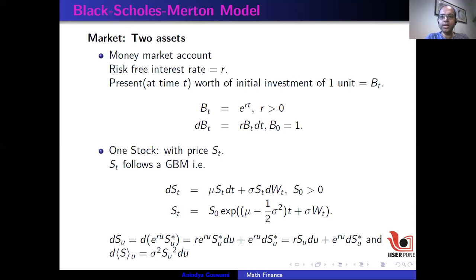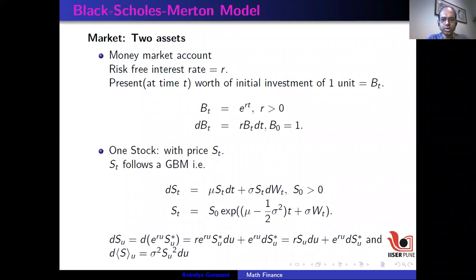Imagine that B_0 is equal to 1, then B_t is equal to e^{rt}, so it's like compounding. The risky asset follows a geometric Brownian motion: dS_t is equal to mu S_t dt plus sigma S_t dW_t. This stochastic differential equation has a strong solution, almost surely unique.